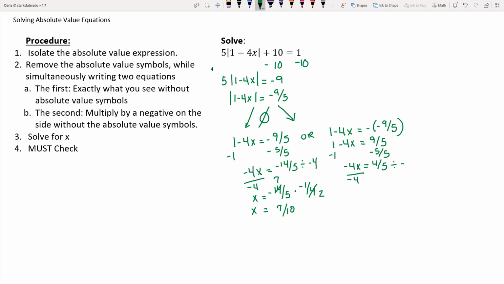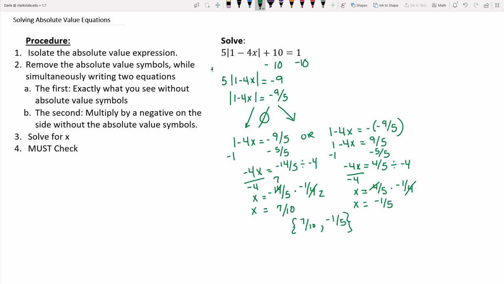X equals 4 fifths times the reciprocal of negative 4, which is negative 1/4. Again, because we're multiplying, we're allowed to cancel, and we're left with x equals negative 1/5. So it appears that the solutions are 7 tenths or negative 1/5.